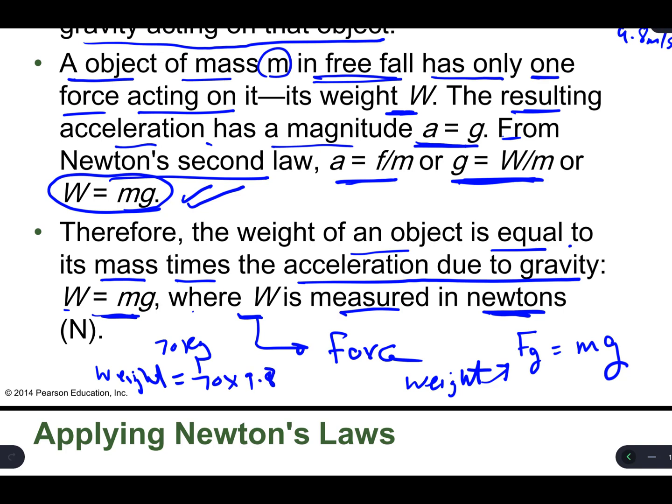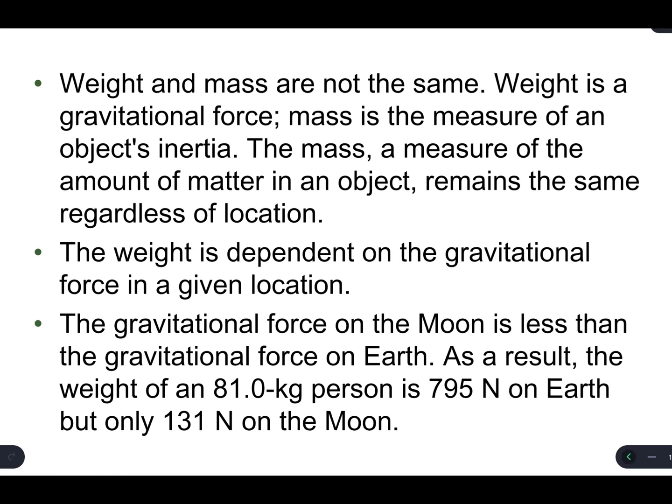If you are asking about my weight on Earth, it is approximately 700 Newton. So my weight 700 Newton, my mass 70 kilogram. This is approximate, guys. Your weight changes depending on the place you are in because it depends on the gravity. Gravity on Earth is different than the gravity on Moon or Mars. Weight and mass are not the same.